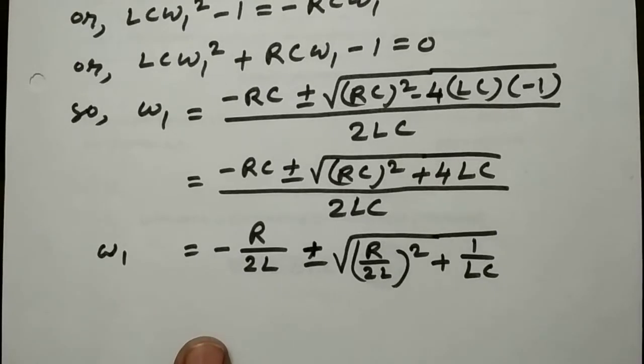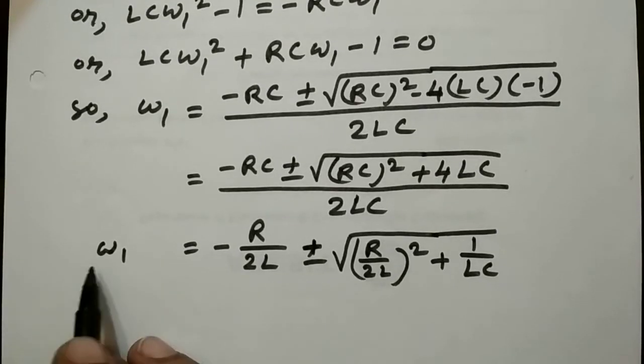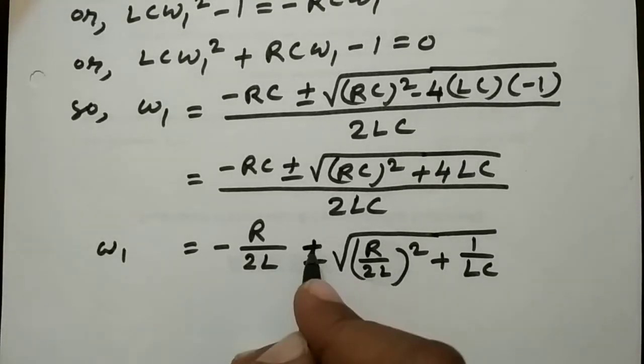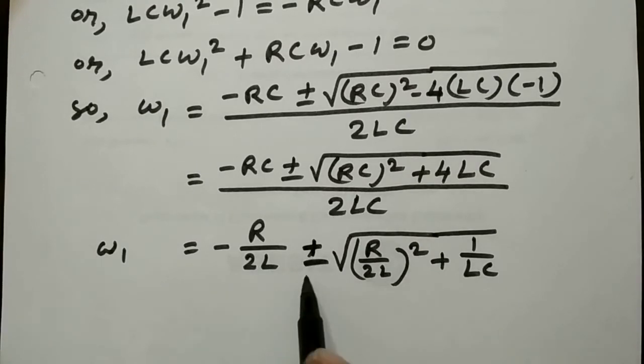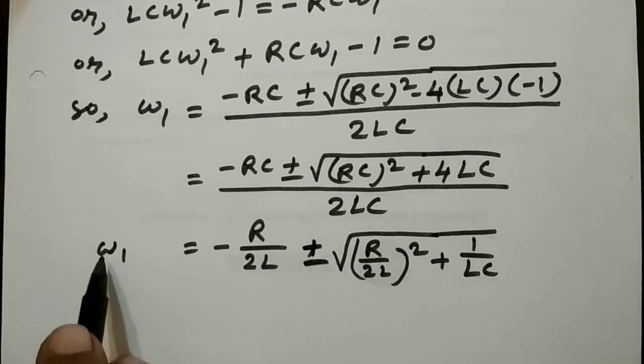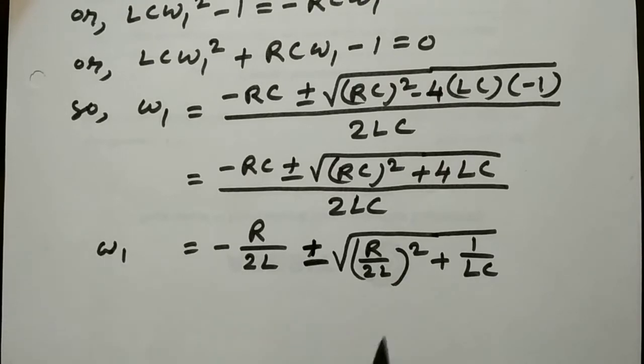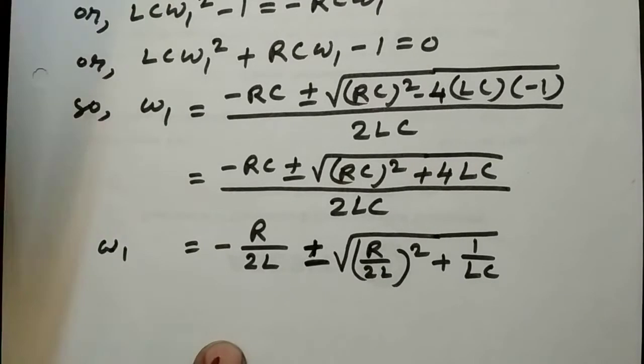Here we can see that we will get two different values for omega 1. One is for the plus and another is for the minus. But if we take the minus value, that means the value of omega 1 will be negative and it indicates f1 will be negative. But frequency cannot be negative. It is not possible for the frequency to be negative. Therefore, we can ignore the negative sign.